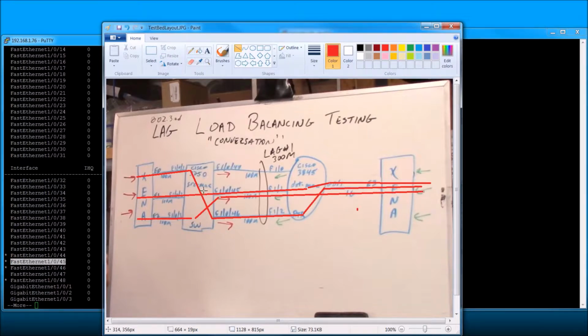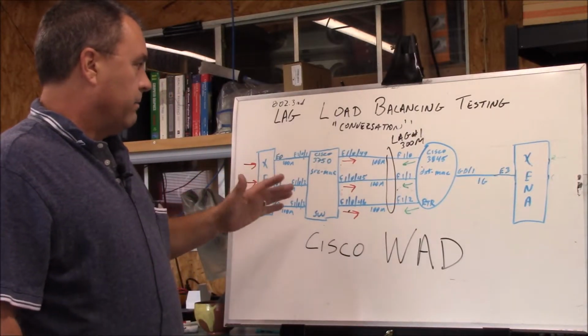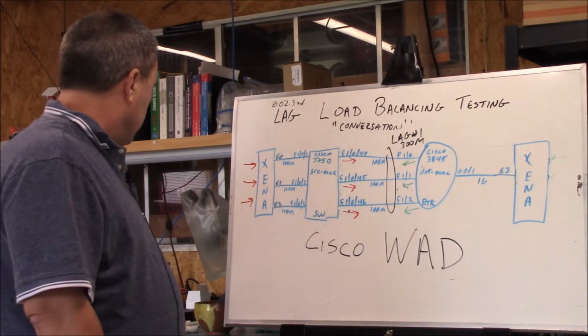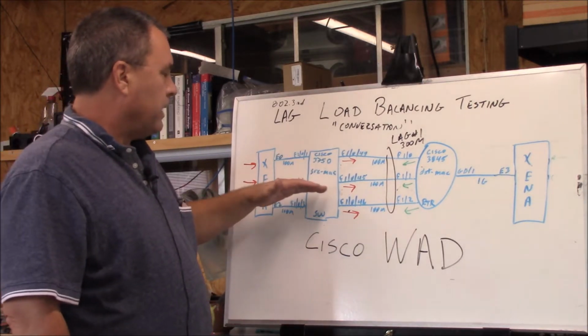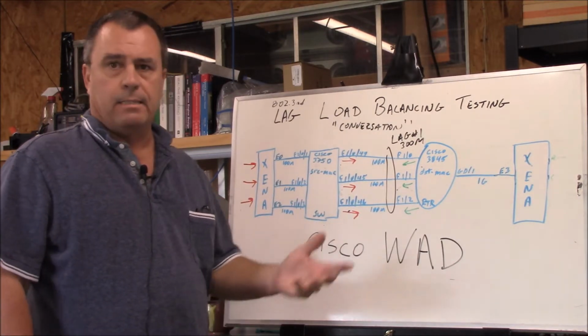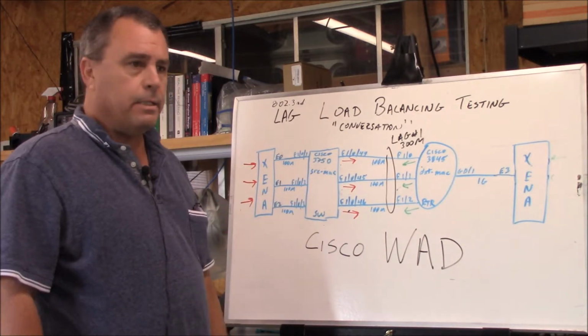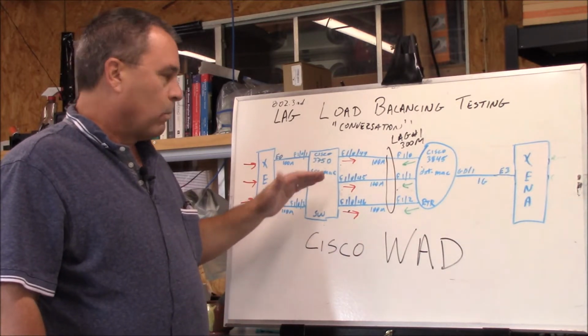I actually knew that was going to fail because there is a problem with what they call the hashing in this 3750. So this is obviously a problem. As you can see, the default source MAC doesn't seem to work at all, and source destination MAC works better.